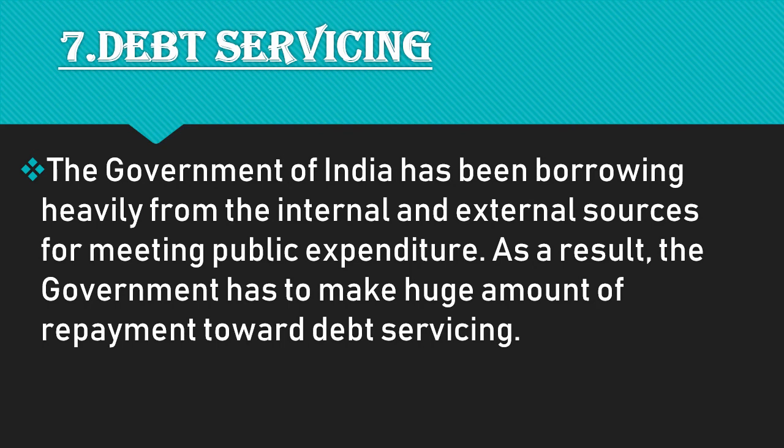Actually, they have to repay this. So they are continuously paying interest on that debt. And obviously the rate of interest is increasing. So this is another reason why the public expenditure is increasing in our country.